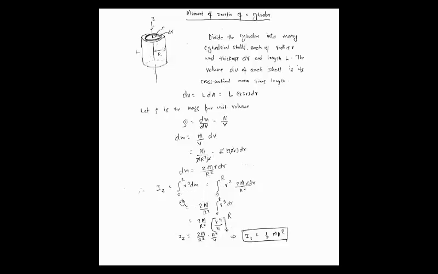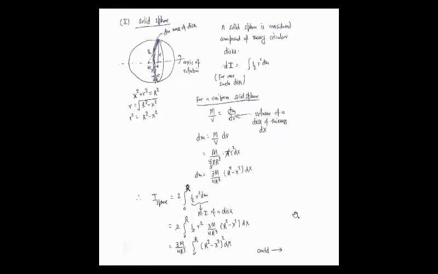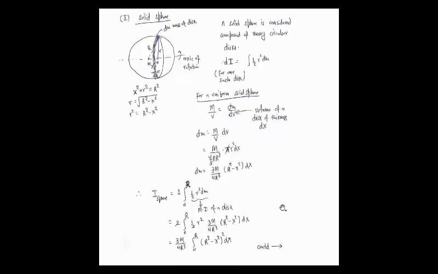So you're integrating from 0 to r, and after calculating you will see the moment of inertia of the solid cylinder about its center of mass is 1/2 mr square, which is exactly equal to the moment of inertia of a circular disk.